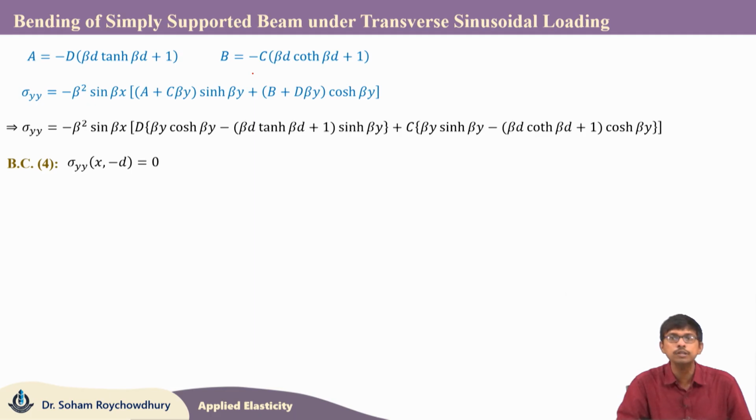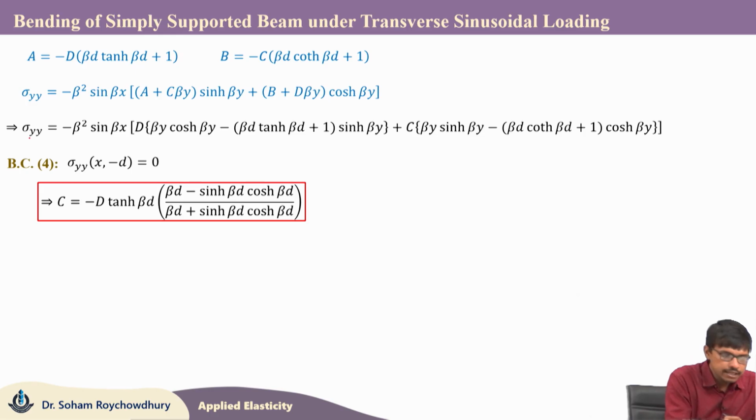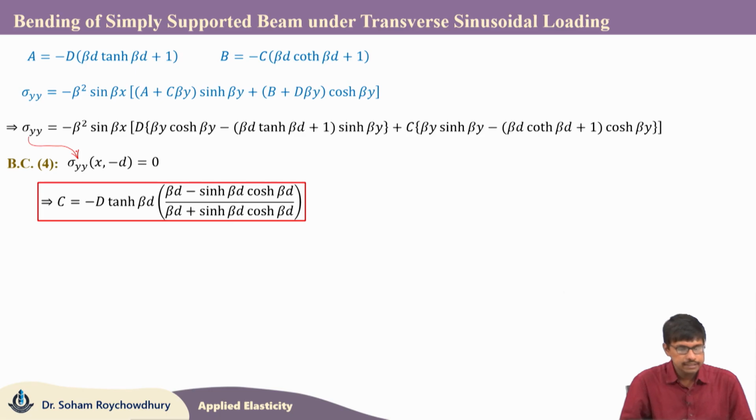Now, using the 4th boundary condition, sigma y for the bottom edge, x comma minus d, is 0, since the bottom edge is free of any kind of surface traction. So, if you substitute here y equals minus d and set it to 0, you will get one equation relating c and d. Setting sigma y to be 0 at y equals minus d, we will be able to relate c and d in this particular fashion.